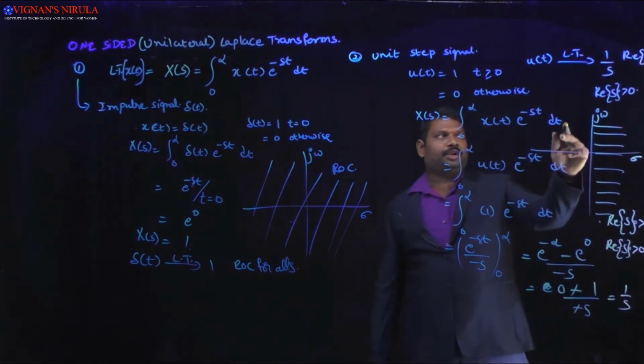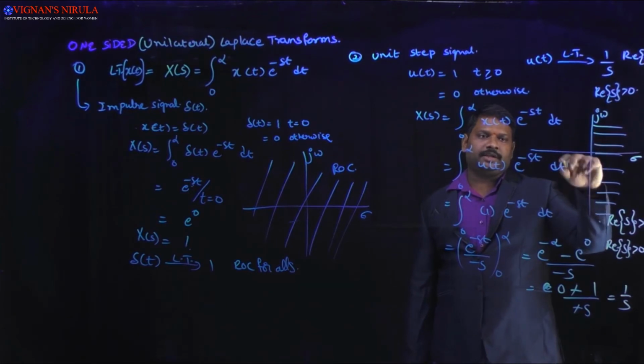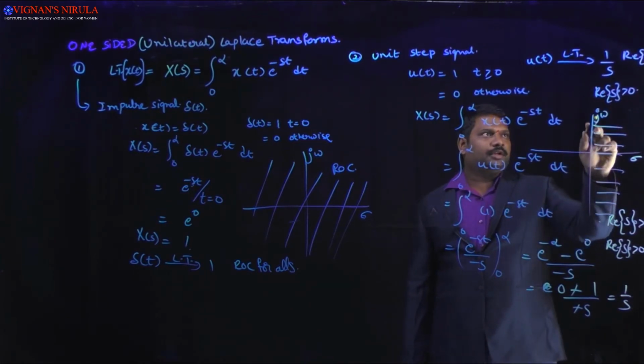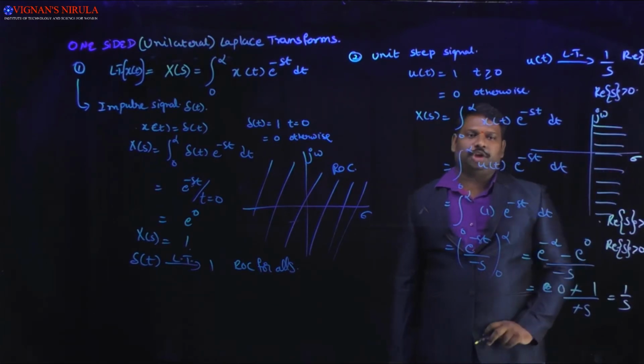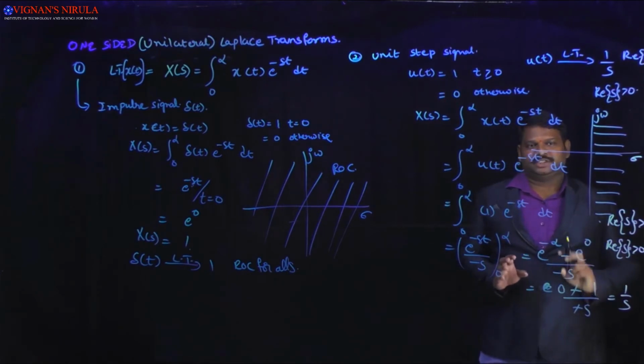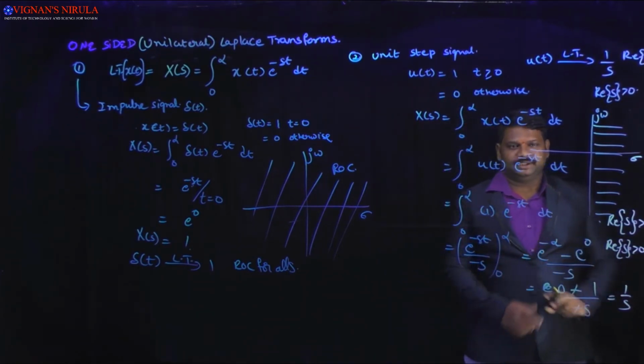Whereas Re of s less than 0 means this entire region, where this Laplace transform does not exist. It exists only for Re of s greater than 0; otherwise it is not said to exist.